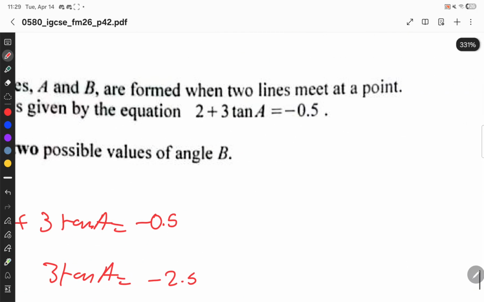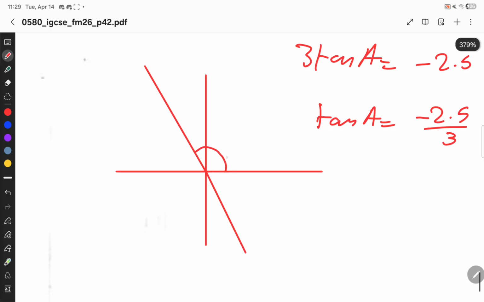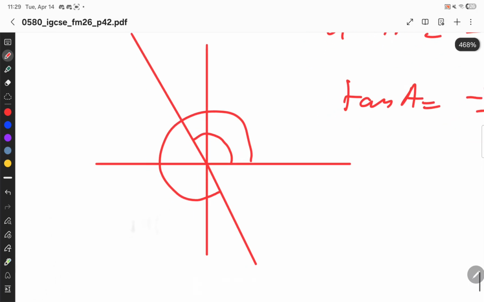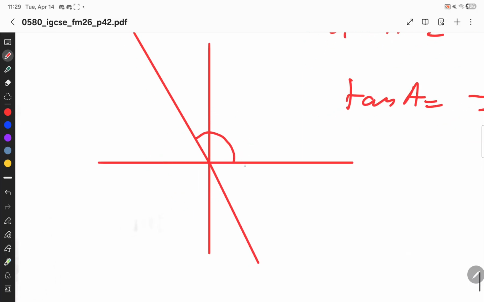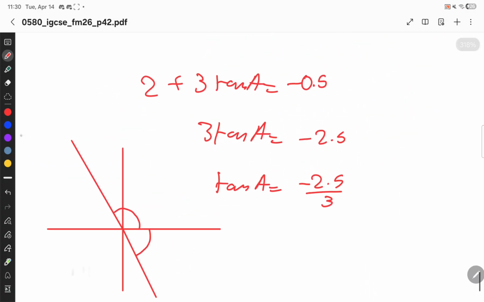Either it will be this, or this negative angle, the remaining angle. That is the tangent, because either the height is negative or the length is negative. So we do, in degrees mode, inverse tangent of negative 2.5 all over 3.